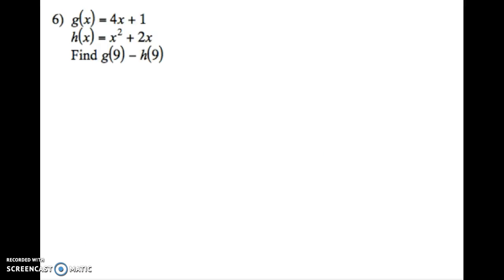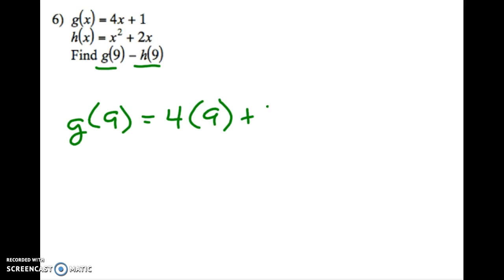The last example in this section, in this case we're doing g of 9 minus h of 9, so we start with the g of 9. So we're going to put 9 in for the x in the g equation. So instead of 4 times x, it's 4 times 9 plus 1. 4 times 9 should give us 36 plus 1, so that should equal 37.